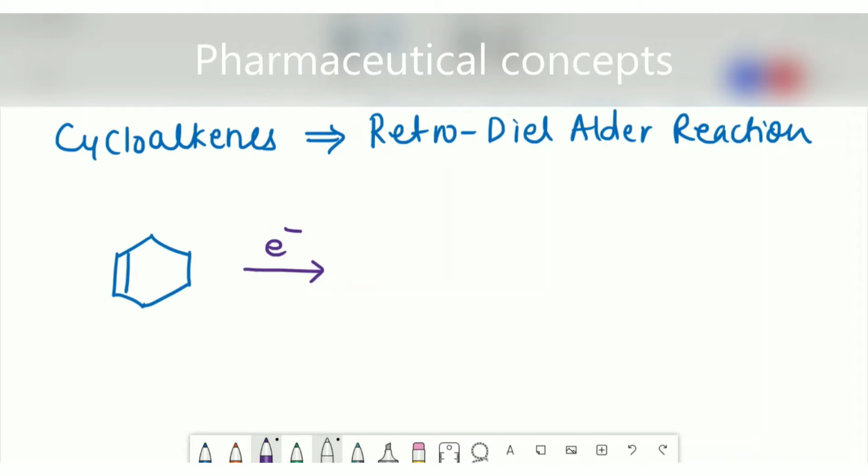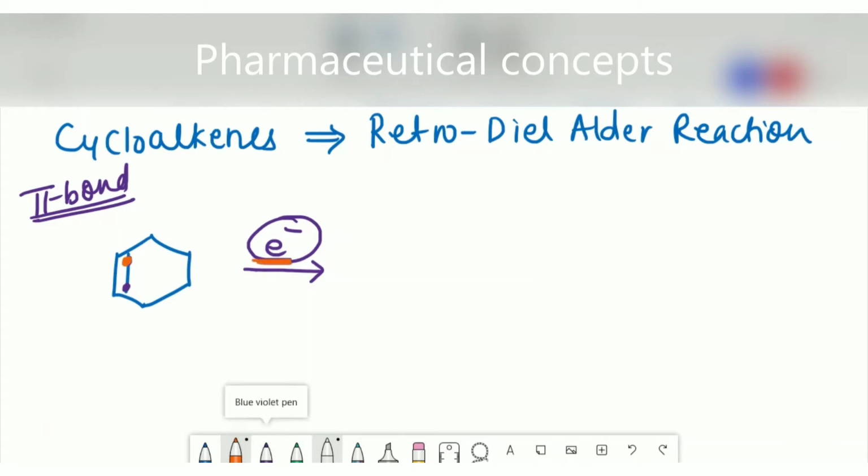In case of alkenes, there is a pi bond, and the electrons in that pi bond are called pi electrons. These pi electrons are loosely bound, and this electron beam, which we represent by this arrow with e minus, can remove any one of these electrons. So let us say this electron is gone away because of the collision.